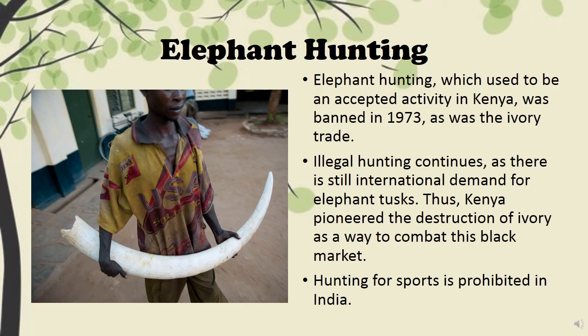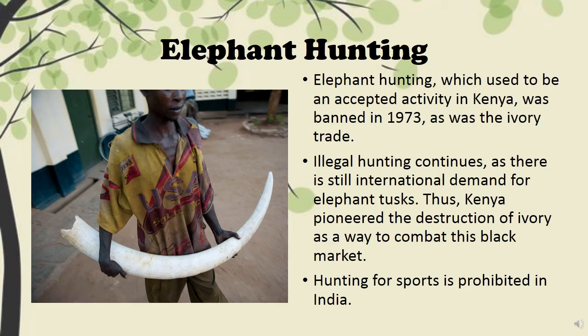One more example of poaching is animals like elephants are hunted, means they are killed. Now elephant hunting, which used to be an accepted activity in Kenya, was banned in 1973, as was the ivory trade. Means elephants were hunted in Kenya legally because there were too many in number and they would cause damage to some areas.